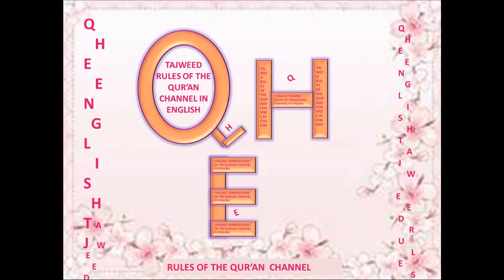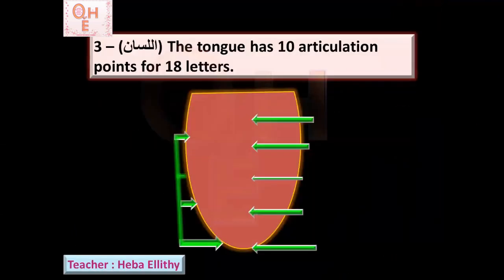Today, inshallah, we will continue our articulation points of the letters, makharij al-huruf al-Arabiya. And we are in the third measure, which is al-lisan. We will go through this picture very quickly to remind you: al-lisan, the tongue, has 10 articulation points for 18 letters.